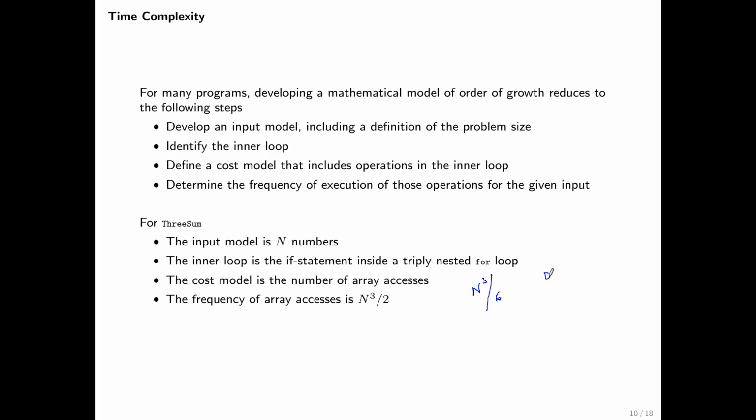You make 3 of them: a at i, a at j, and a at k. So it's 3 times that, which is n cubed over 2. That's how you get this number. The frequency of array accesses is n cubed over 2. So that's what you need to do if you were to carry out a mathematical analysis of the running time of a program. You have to follow these steps, and that's exactly what we did for the threesome program.